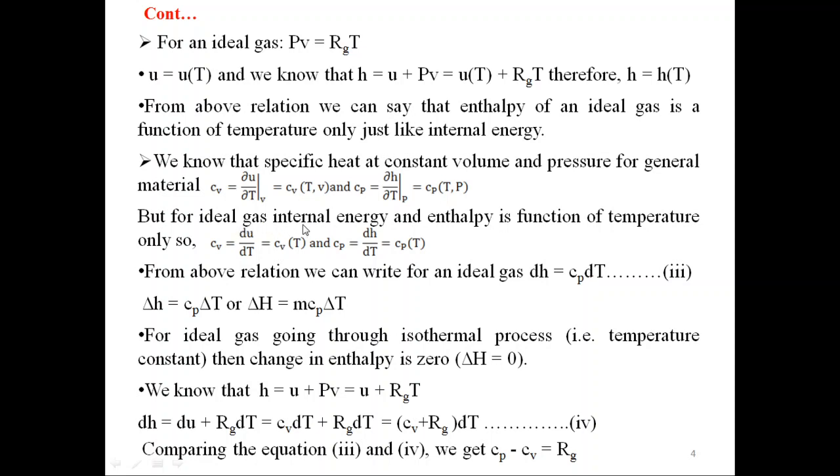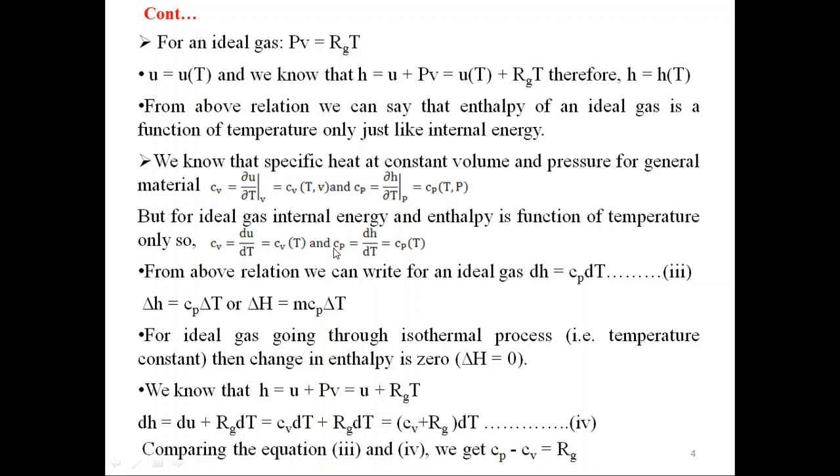But for an ideal gas, internal energy and enthalpy are functions of temperature only. So we can write Cv is equal to the total derivative of internal energy with respect to temperature. As U is a function of temperature only, for an ideal gas Cv is also a function of temperature only.